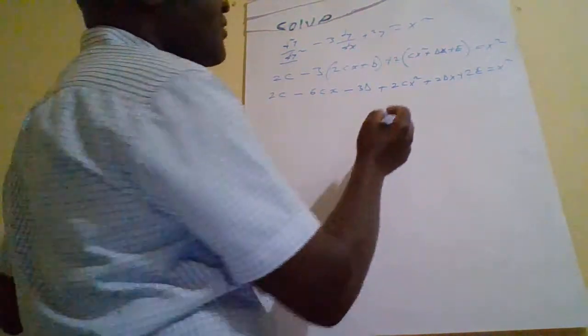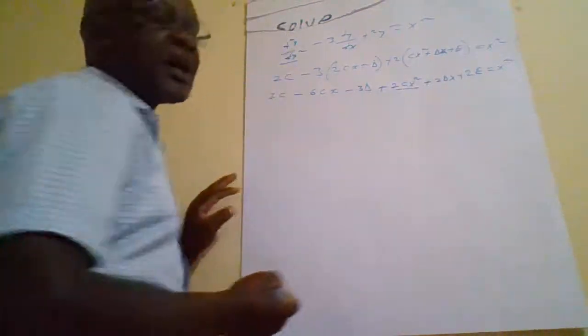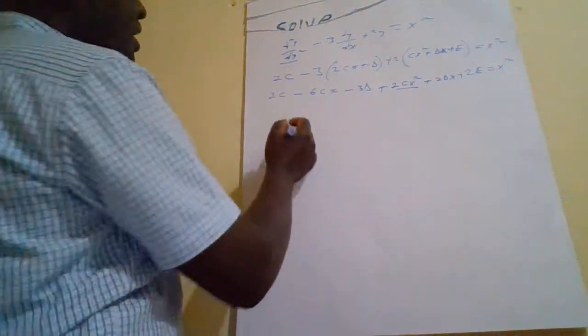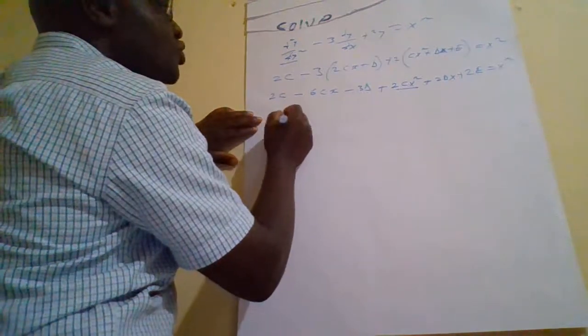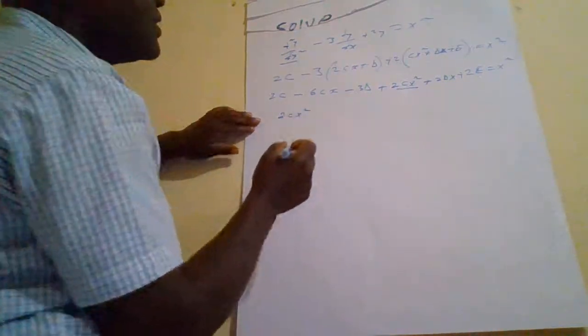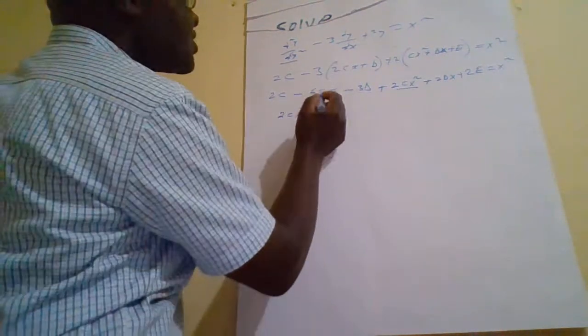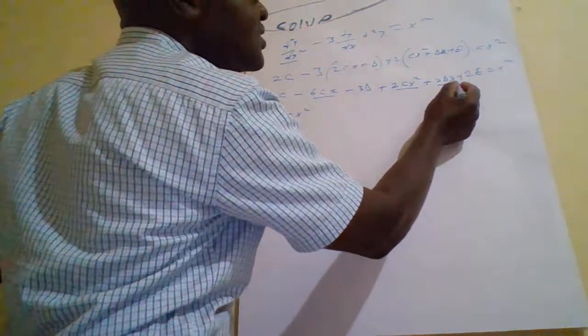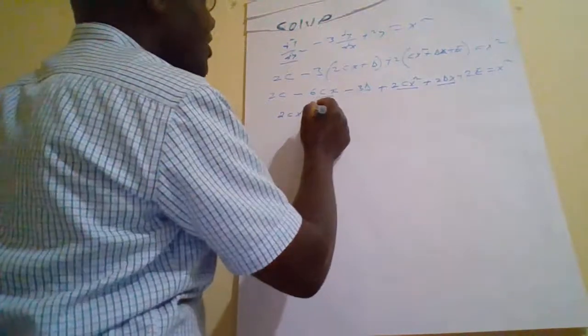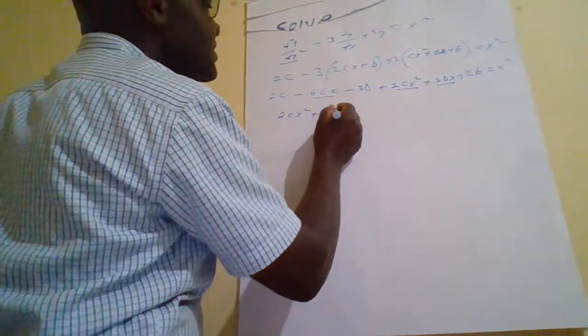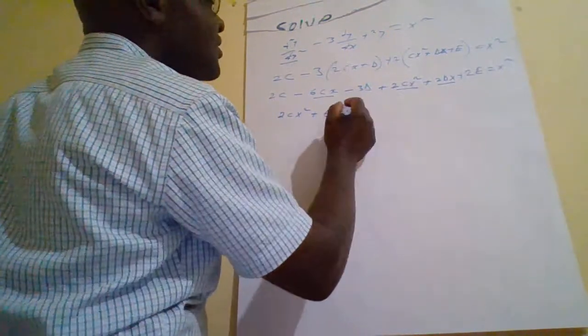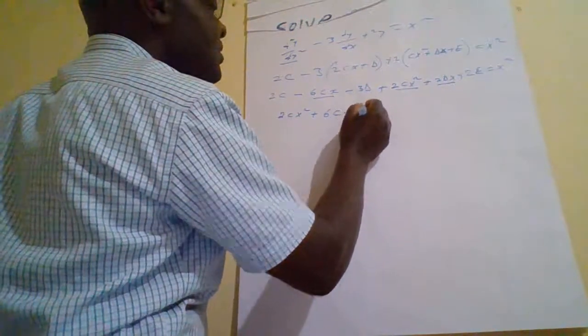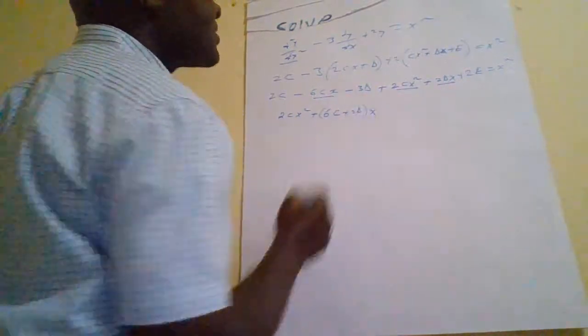So from here we try to collect like terms. We can start with the highest power of x. So we have 2cx squared. Then you go to the coefficients of x. You have this, and then you have this. So we have plus (6c plus 2d) x.